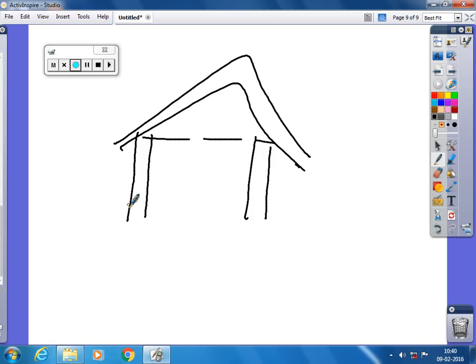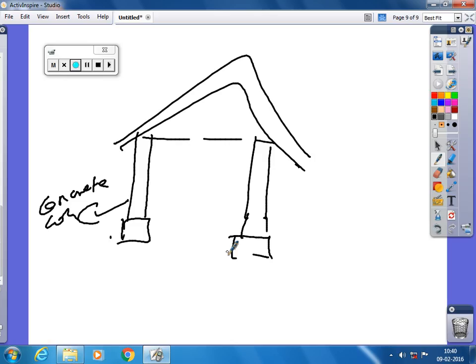You'll have columns, and those columns are concrete columns. And you'll have a concrete base. Sneha, nice sleeping, no? See, I'll explain this alone.